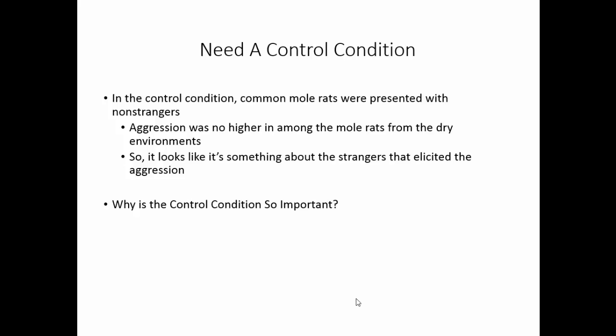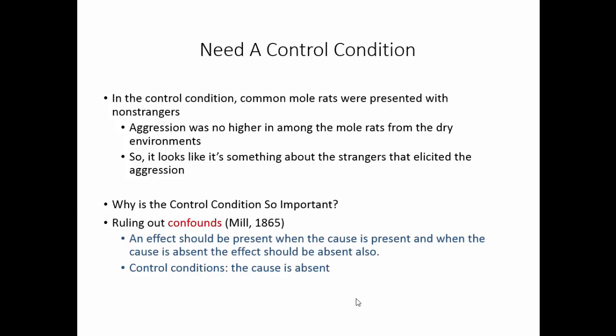Why is a control condition like this so important to test out an idea well? Without these control conditions, I wouldn't be that convinced by the evidence you saw on the previous slide, even though it looked like an interesting pattern. The reason you need a control condition is that if you're doing a true experiment, the number one thing you should be concerned about when you're thinking, is this a good experiment?